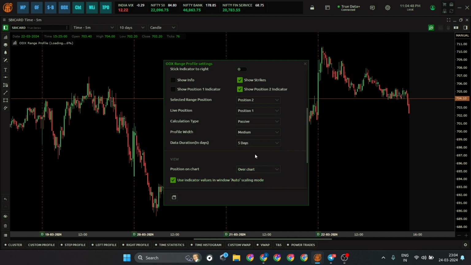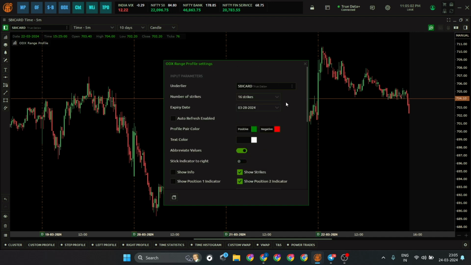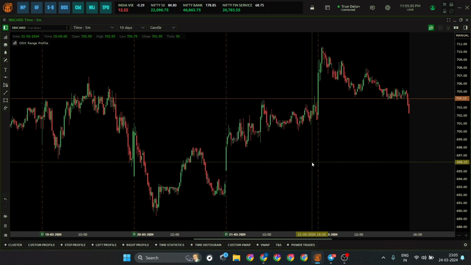Usually I keep 5 days or 4 days, and sometimes only 2 days. It depends upon you. Once you have done all the settings, simply click on the save option here. It will save all these settings as default settings. So hopefully you have done all these settings.